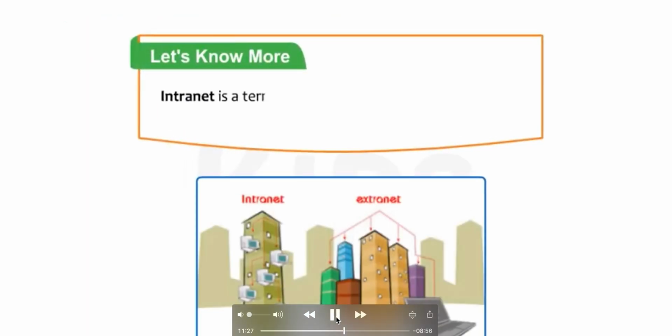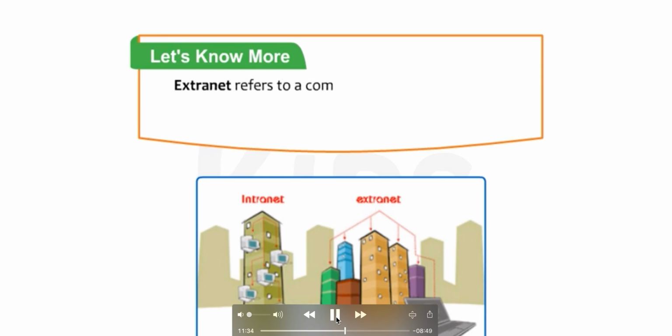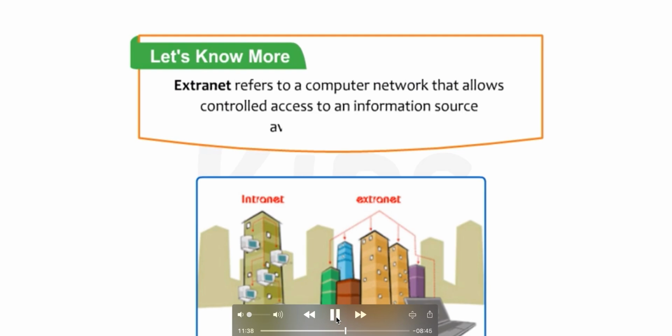Intranet is a new term for you, just make a note of it. Intranet refers to a computer network restricted to an organization only. Extranet refers to a computer network that allows controlled access to an information source available on the internet.